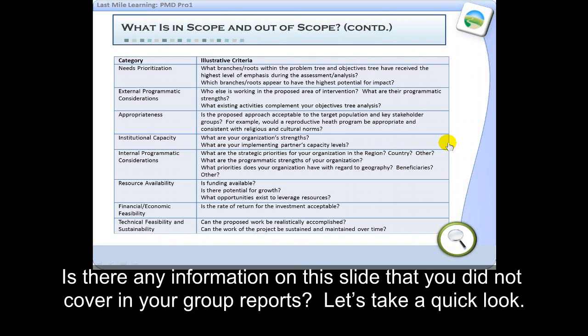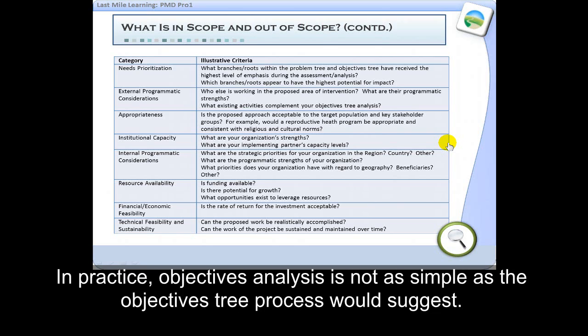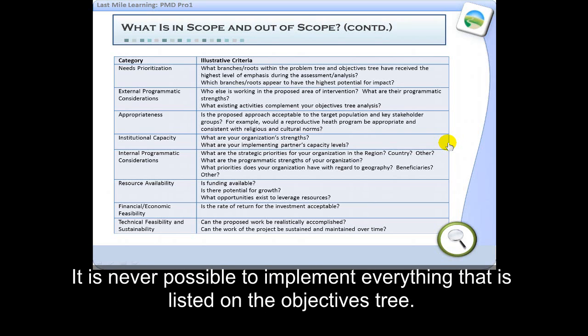Is there any information on this slide that you did not cover in that last exercise? Take a quick look to see if this matches what you came up with. In practice, objectives analysis is not as simple as the objectives tree process would suggest, because it's never possible to implement everything that's listed on the objectives tree.